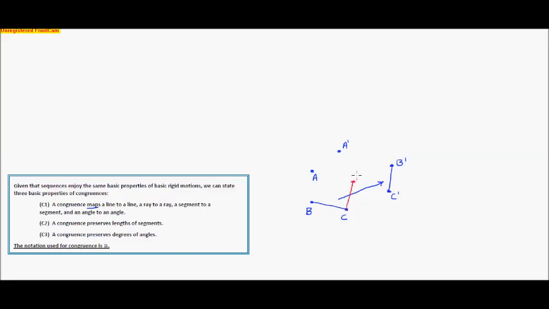We'll call that B double prime and C double prime. And then I may do a translation which would just slide this image that I just made a certain distance, and it might fall right on top of this line segment here.